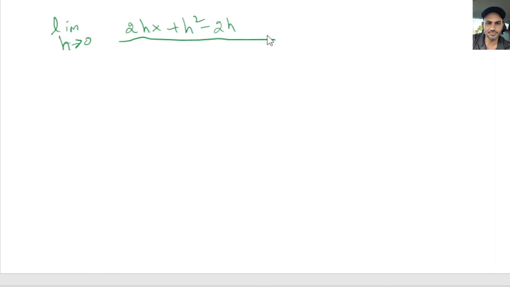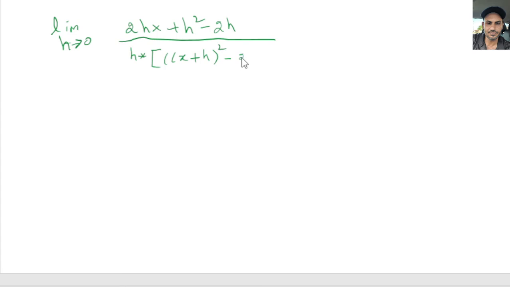And then in the denominator, we had h times x plus h squared minus, was it minus or plus?